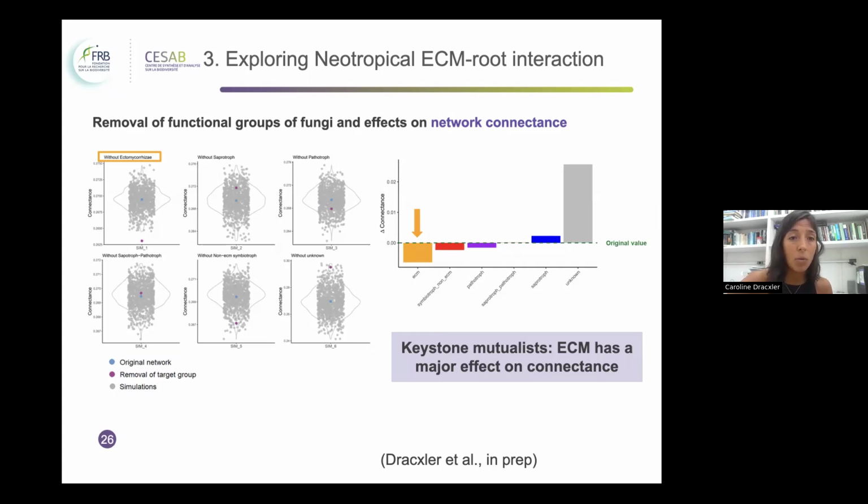And we can see that removing ectomycorrhiza decreases the connectance a lot more than the other functional groups. So this suggests that ECM are indeed the keystone mutualists, and that the absence of this group can have a major effect on connectance, maybe turning the network more fragmented.